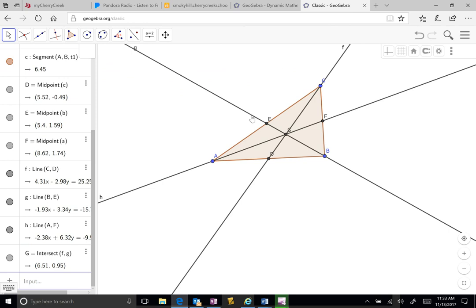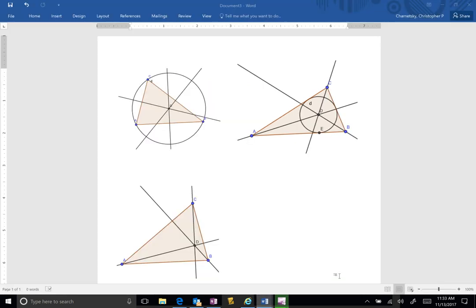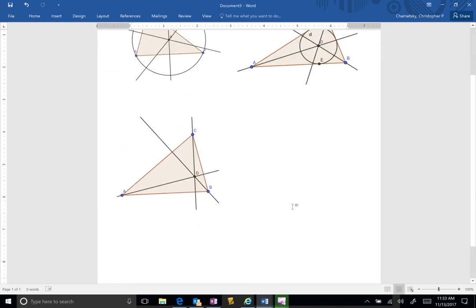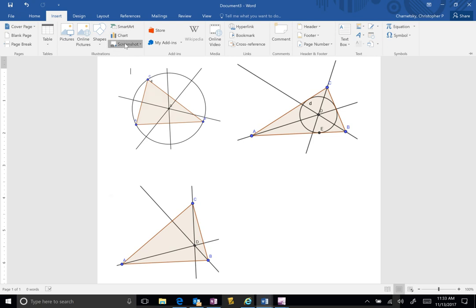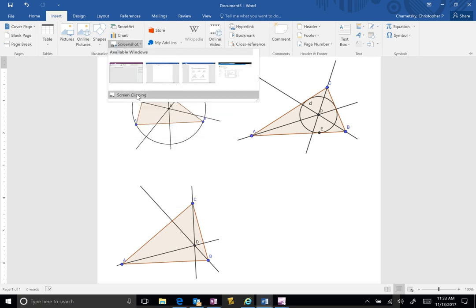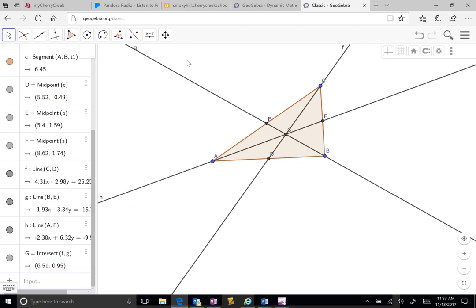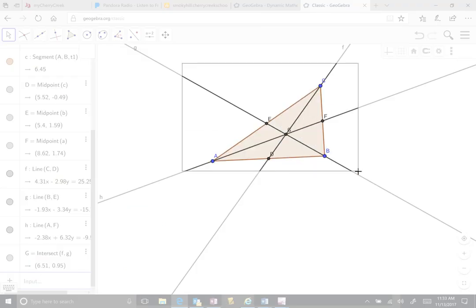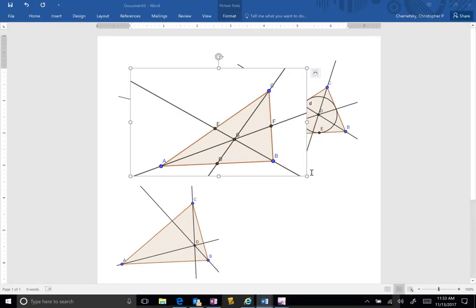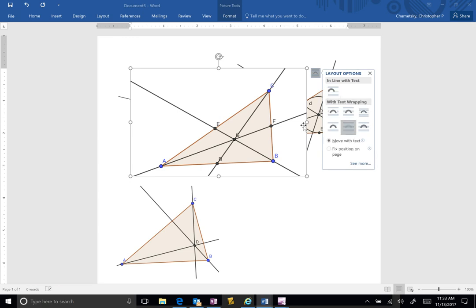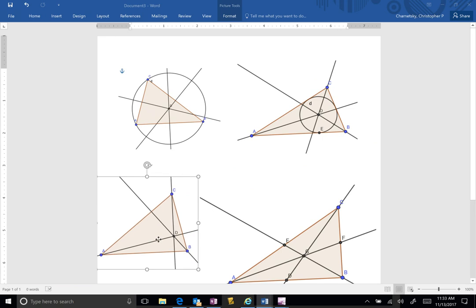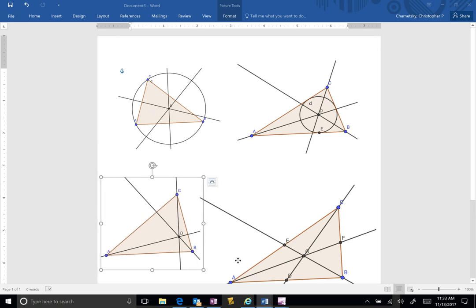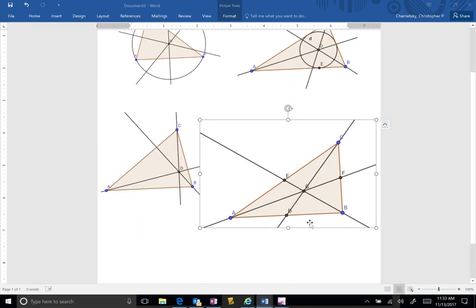All right, and that's what you're going to do next. We're going to go ahead and clip this. Whatever shape triangle you want. All right.